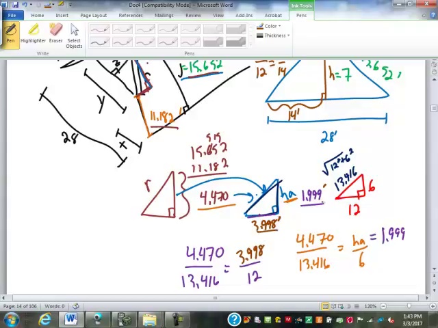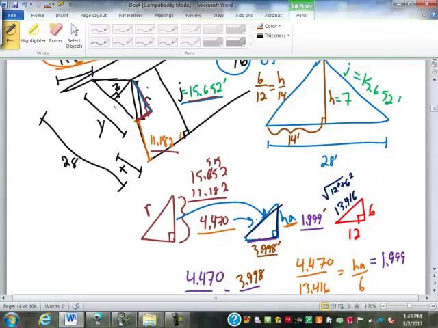That 3.998 is going to be halfway across here, by the way. Does that make sense? So that means Y is how much? 7.996 feet is Y.